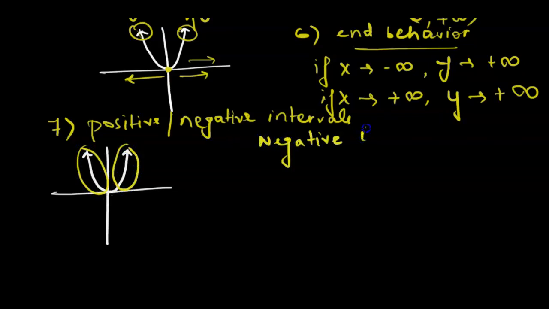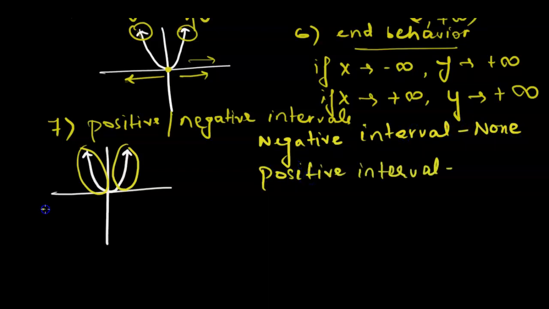So we can write down negative interval is not applicable, or there is no negative interval in this case. Whereas for positive interval, the graph is always positive. The answer is always written from left to right. So from negative infinity to positive infinity, the graph is positive. And this is how we write all the characteristics, no matter which type of graph is assigned.